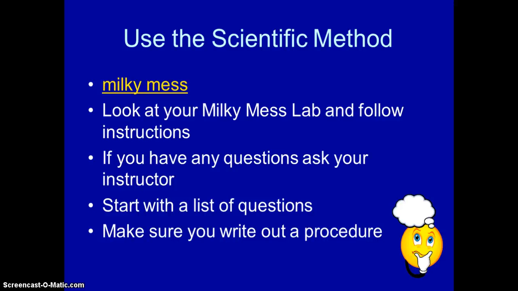But if you have at least a couple of questions, I think I asked for a minimum of 2, as long as you have a couple of questions that you could actually test, don't write things like, what is the liquid? You have a pretty good idea that it's milk, and you have a pretty good idea it was food coloring, and that's a Q-tip. So let's try to stick to things that you could actually test.